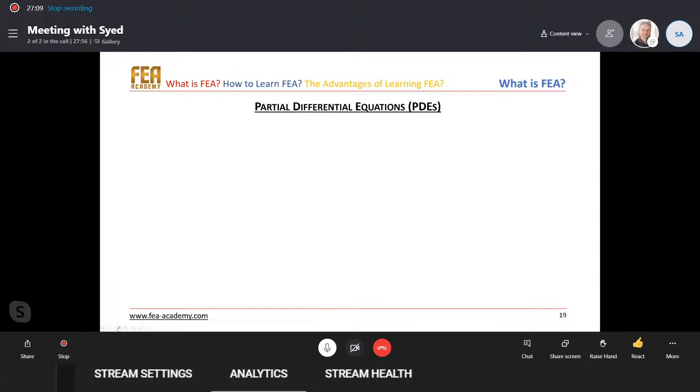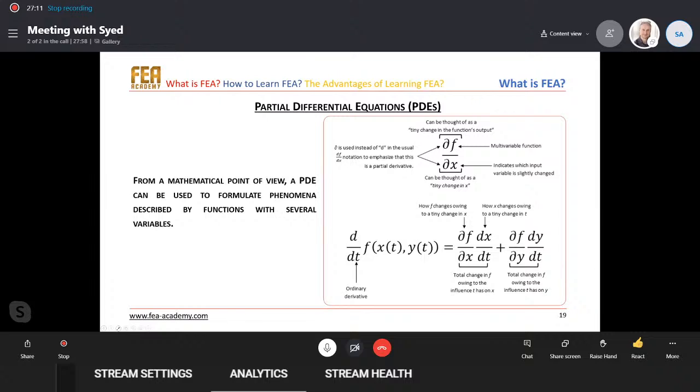So from a mathematical point of view, a partial differential equation can be used to formulate phenomena described by functions with several variables. And in such a case, the equation will be made up of multivariable functions and their partial derivatives. A partial derivative is the derivative of a function of several variables with respect to one of those variables, with the others held constant.